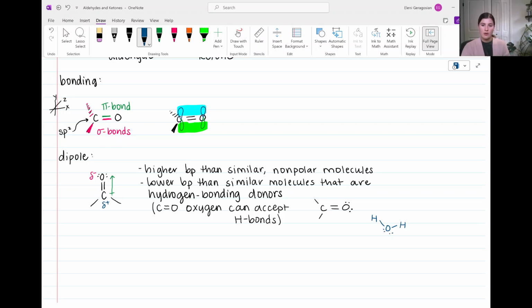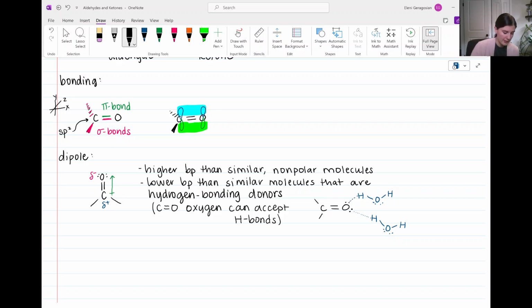Well, if a ketone or aldehyde is in the presence of water, that oxygen can accept a hydrogen bonding interaction from another water molecule. Both sets of lone pairs here can accept a hydrogen bonding interaction. But ketones and aldehydes themselves don't have hydrogens bonded to electronegative elements to be hydrogen bonding donors. So water on its own is both a hydrogen bonding acceptor and a donor because it has the hydrogen and the oxygen.